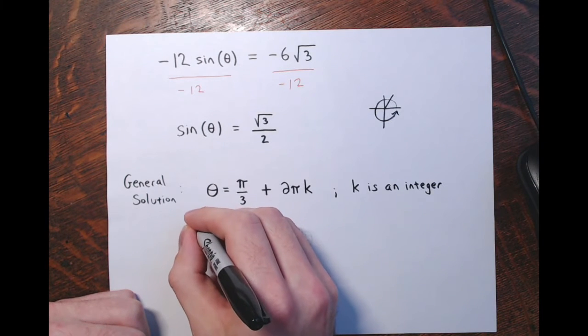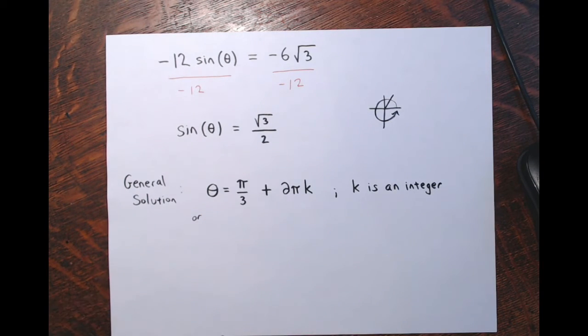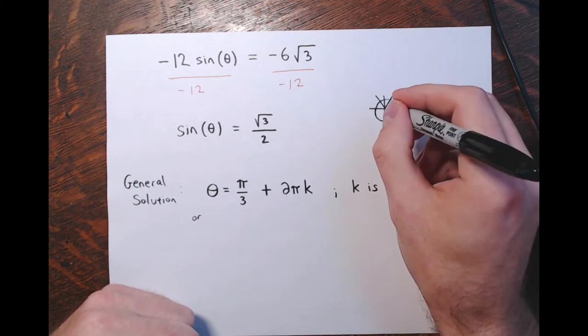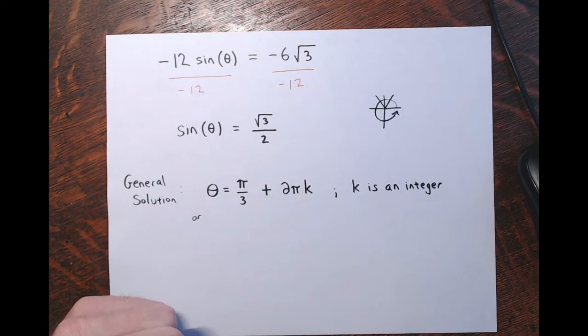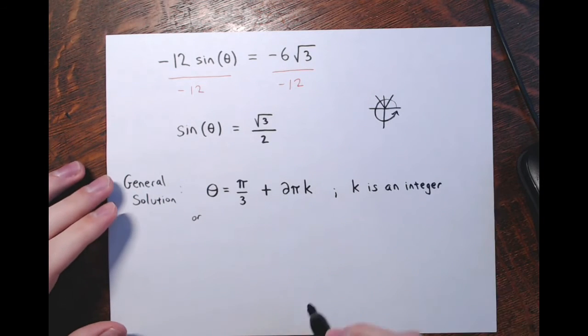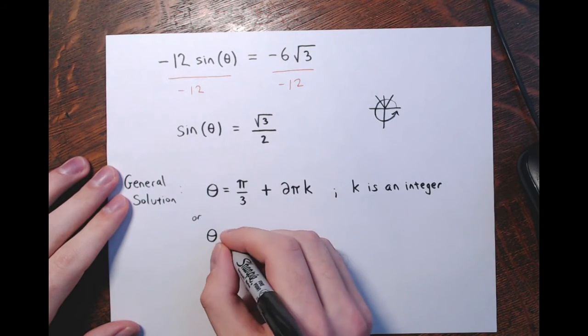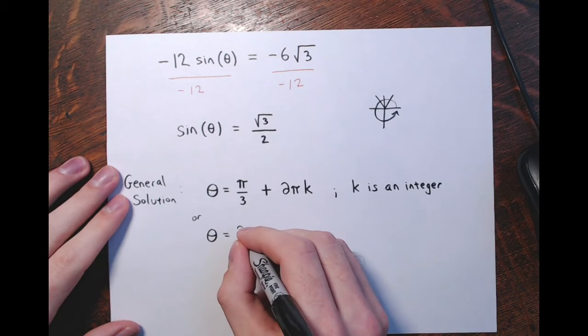But that's not the only angle. Pi over 3 in quadrant 1, that's not the only angle that has a sine of square root of 3 over 2. There is also an angle in quadrant 2 that has a sine of square root of 3 over 2, and that would be 2 pi over 3, 120 degrees. Or, theta could be 2 pi over 3.